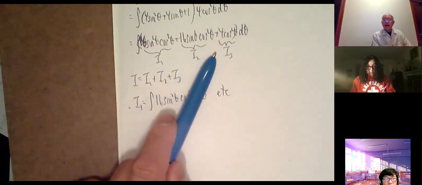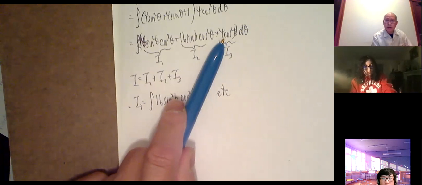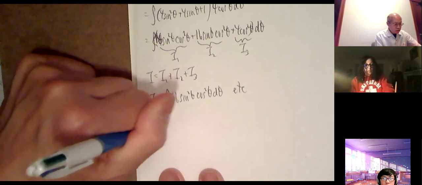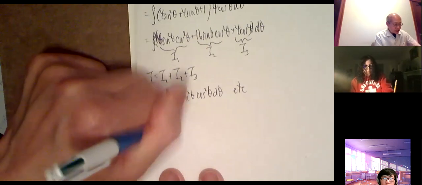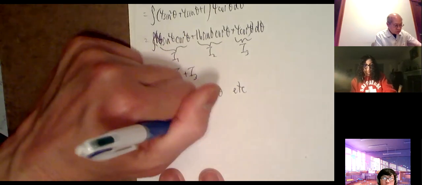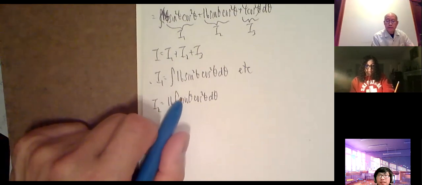Okay. I3 is just the integral of cosine squared. So make that change: 1 plus cosine 2 theta over 2. I'll do I2 in its entirety. I'll take out the 16. Okay, this fits the category of an odd exponent.